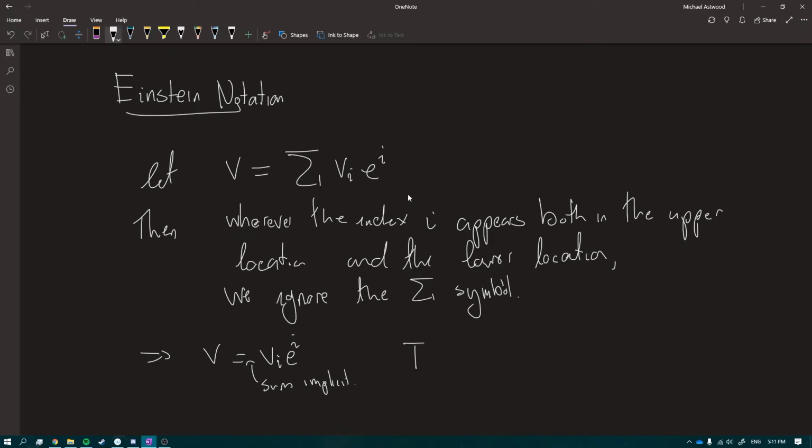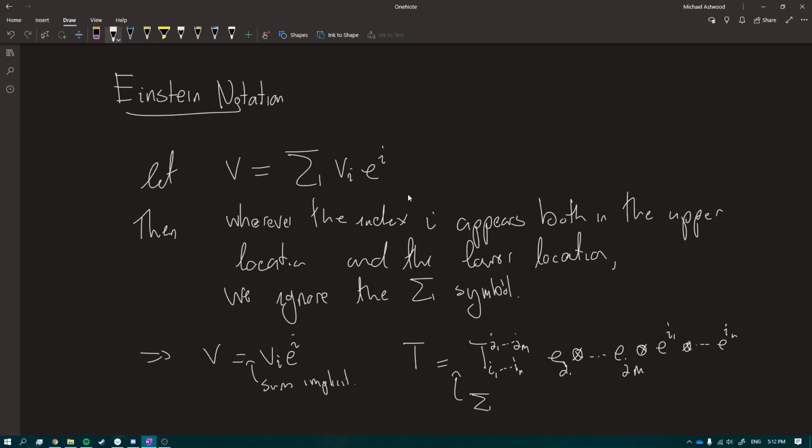Another example would be if T is a tensor, then T can be written as a sum of components, and it's got n vector components and m covector components. So this thing, sum is assumed.